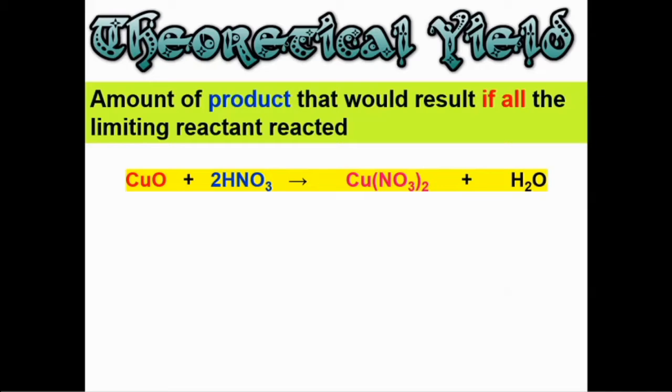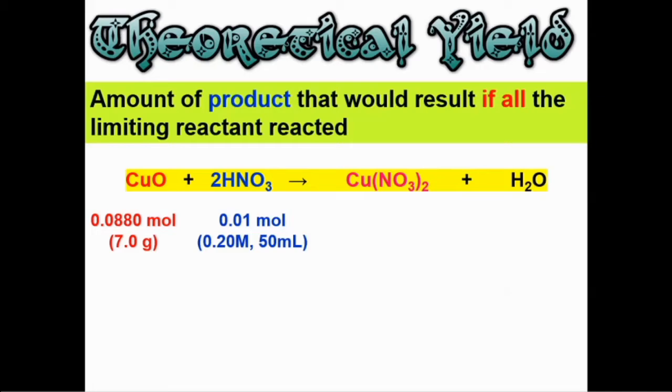In this reaction, we have 7 grams of copper(II) oxide, or 0.088 moles of copper(II) oxide. This reacted with 50 mL of 0.2 M nitric acid, which is 0.01 mole.